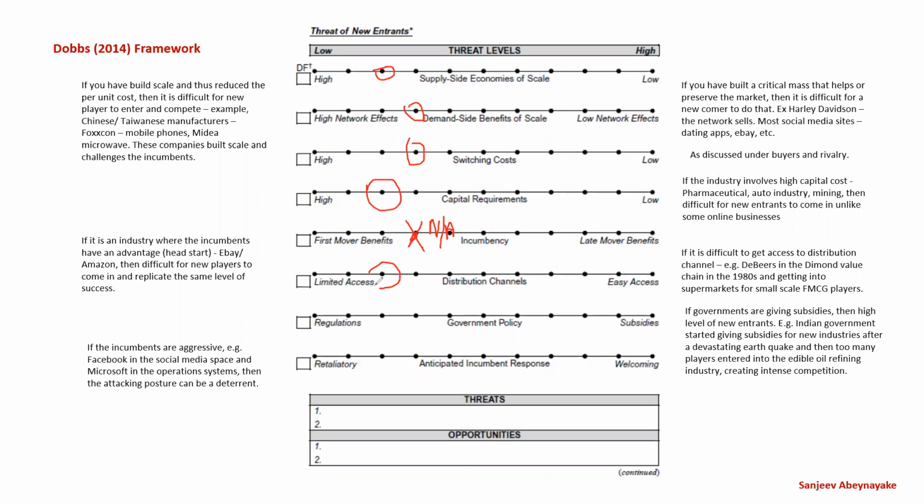And let's assume this is more towards this side, regulation more towards this side, and retaliation more towards this side. So what it means is that your individual analysis is more towards this side, so your threat of new entrants is low overall. But if it was somewhere around here, then you can say it's medium. And if it is more on this side, then the threat of new entrants will be high.